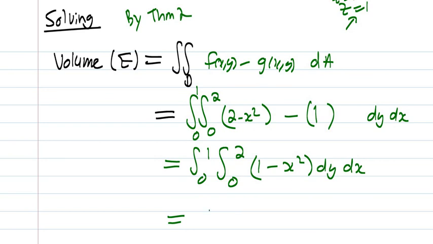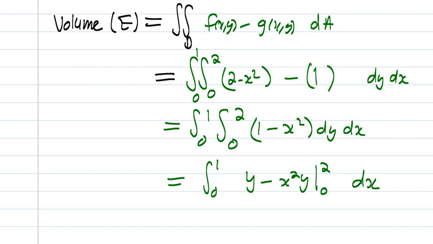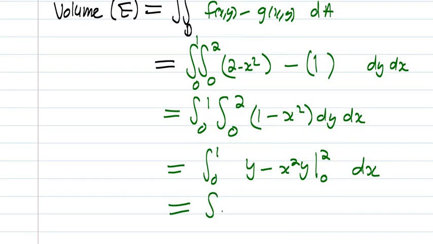So we first integrate with respect to y, so the integral of 1 is y, and the integral of x squared becomes x squared y. We replace y with 0 and then y with 2. And so if we do this, when I replace in 2, I get 2 minus 2x squared. And if I plug in 0, I end up getting 0.